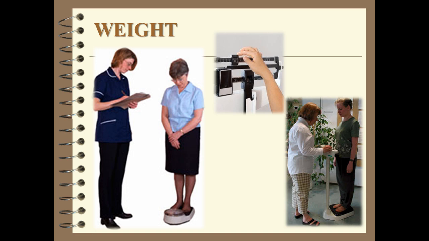This lady standing here on the scale, she's doing something wrong. She should not be looking down at the scale. She should have her hands at her side and should be completely relaxed for the weight measurement to be accurate.